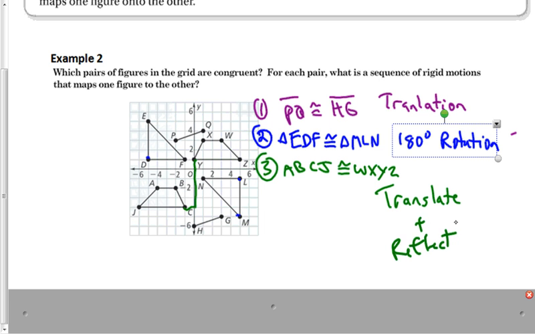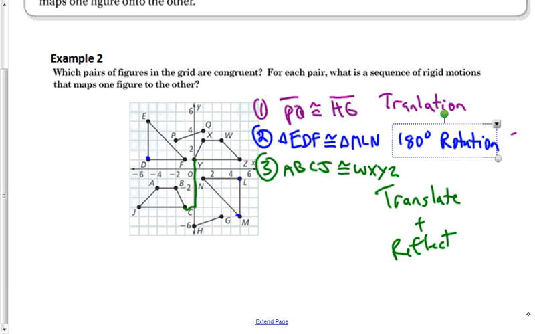But the point is, you can find these rigid motions that would make one shape go directly on top of another shape, which proves that they're congruent. And that's what we're talking about in this section: determining if you can use congruence transformations, if you can make a transformation to show that they're congruent. And then also, we're going to prove some things congruent.